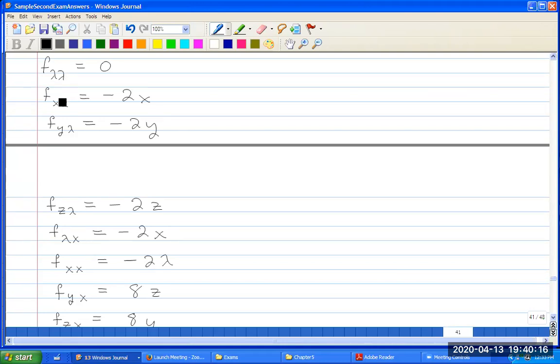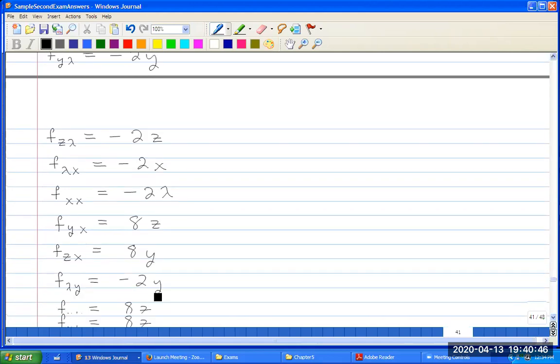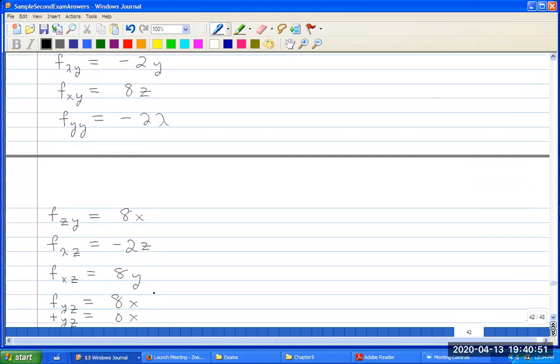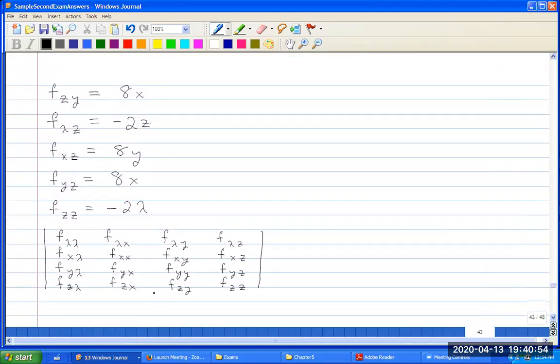If you take the partial with respect to x, you get minus 2x, with respect to y, minus 2y, z, minus 2z. And it turns out that the mixed partials are continuous, so this function is C2. So the mixed partials will be the same. None of these partials are all that difficult to figure out.